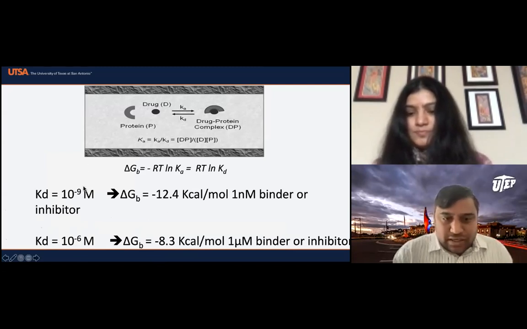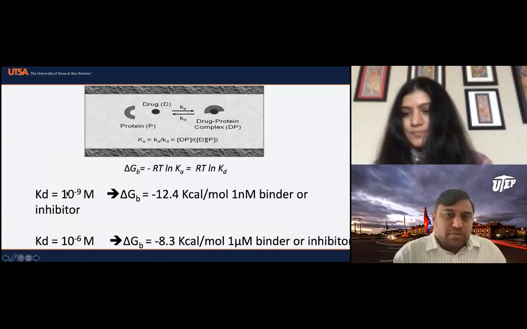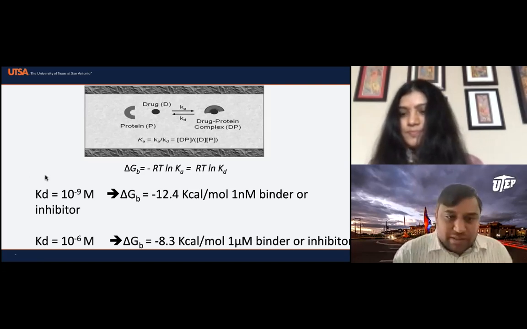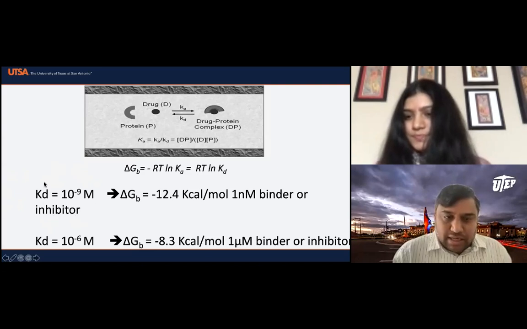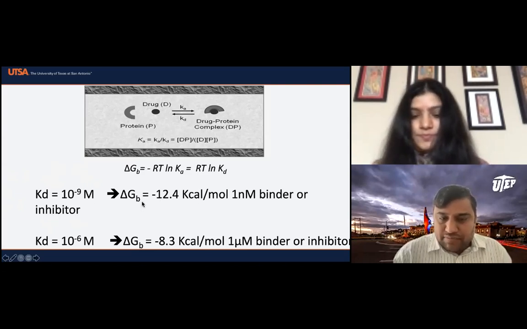If a molecule wants to be approved by the FDA, they want the molecule to be effective in nanomolar concentration. So we're trying to find molecules that can have this much affinity in the nanomolar concentration. The delta G, or free energy, is -12.4 kilocalories per mole. Those are the molecules that we're looking for.